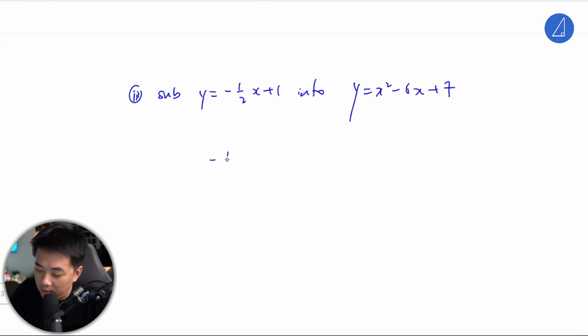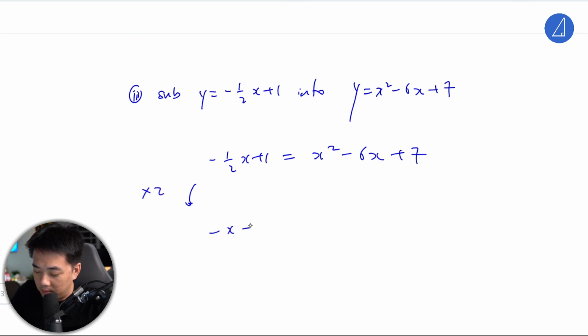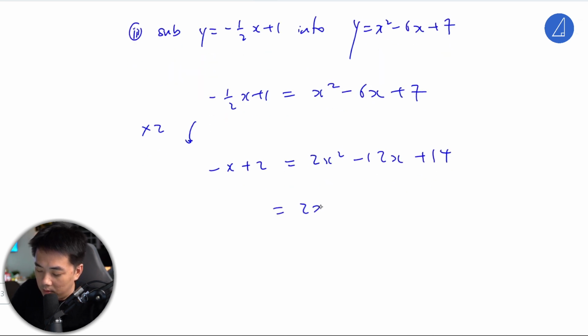That will be negative half x plus 1 equals x squared minus 6x plus 7. Then I could multiply by 2, giving minus x plus 2 equals 2x squared minus 12x plus 14. That will be 2x squared minus 11x plus 12 equals 0.